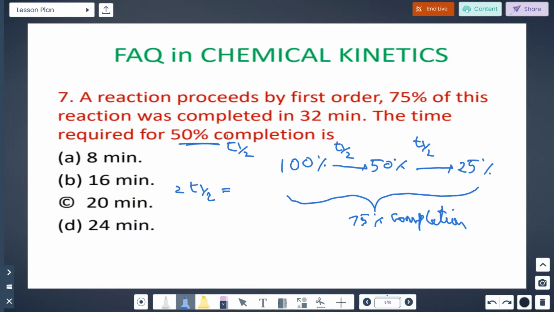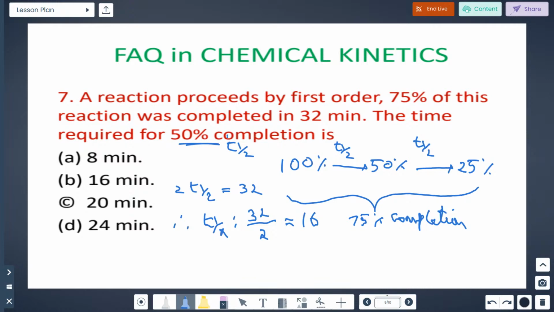Two half-life periods is equal to 32 minutes. Therefore 1 half-life period is 32 by 2. So the answer is 16. Are you following? Okay. Somewhat different question. If the percentage is given, initially we consider it as 100. 100 becomes 50, that's 1 half-life period. 50 becomes 25, another half-life period.